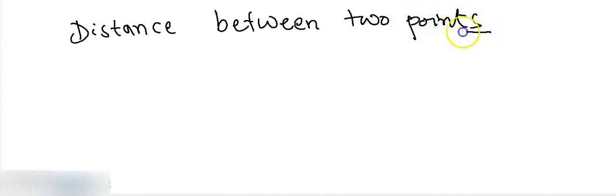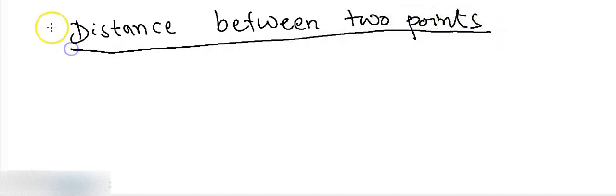Well, you all know that the basic thing that we start our coordinate geometry from is the distance between 2 points. I won't be going into detail of proving the formula, but I'll state it directly.